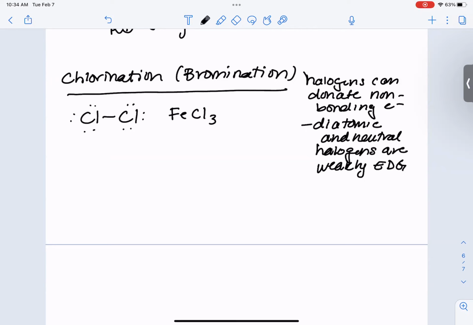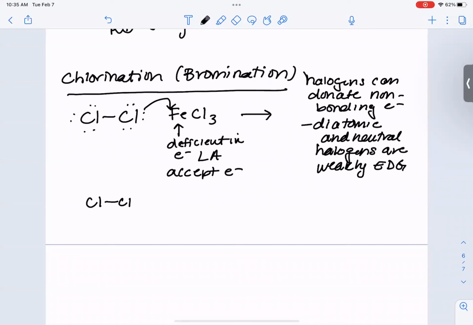So I have iron trichloride, right? So this is deficient in electrons. That is why it's a Lewis acid. It can accept electrons. So it can accept those electrons from the chlorine. Now we'll have a negative charge on our iron and a positive charge on that chlorine.